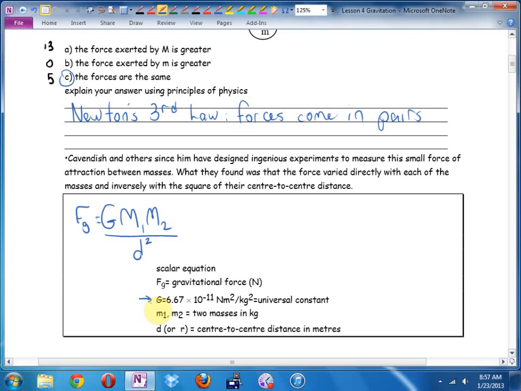It has a magnitude of 0.000000000667. Really small. It took them a long time to actually manage to measure that, to find it directly.